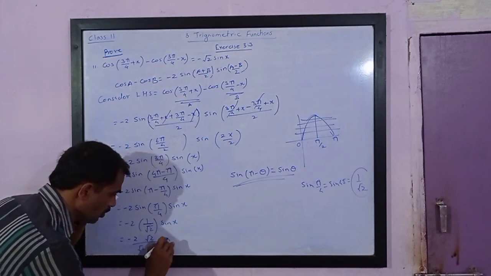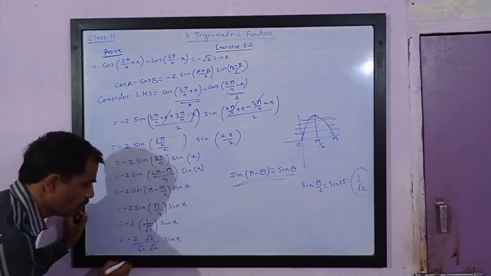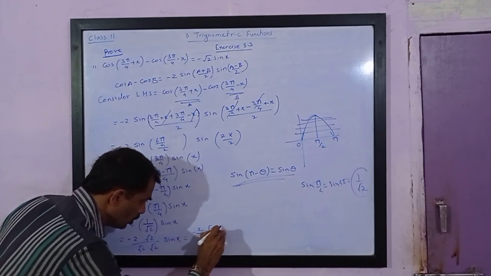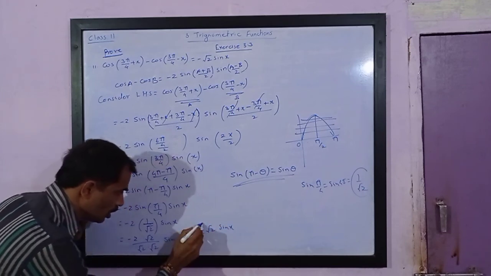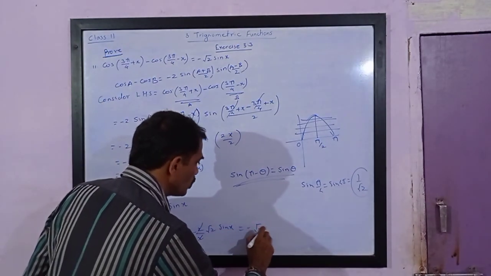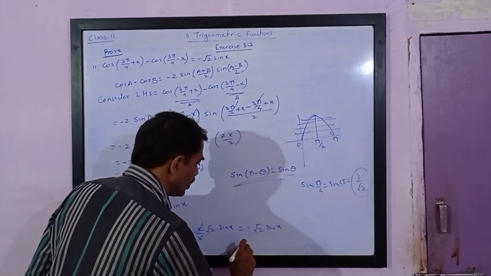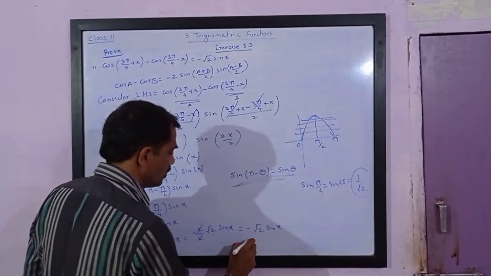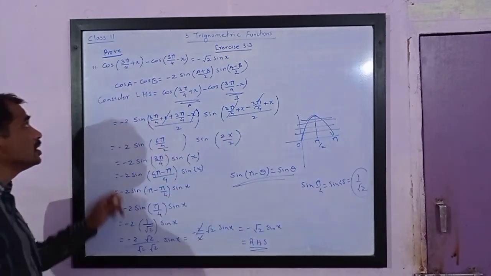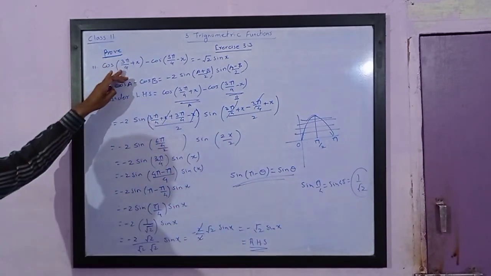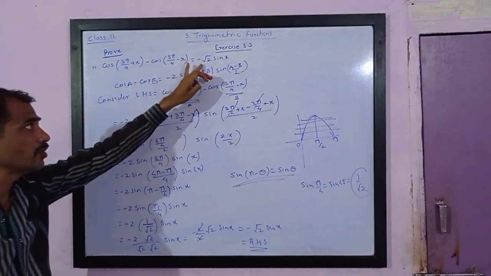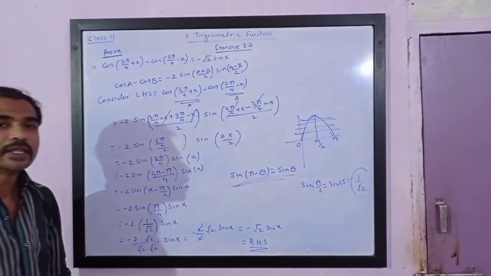Root 2 into root 2 is 2. You will get minus 2 root 2 upon 2, sin x. So 2 cancels with 2. The answer is minus root 2 sin x. That is equal to RHS. It means cos of 3 pi upon 4 plus x minus cos of 3 pi upon 4 minus x is equal to minus root 2 sin x, is proved.